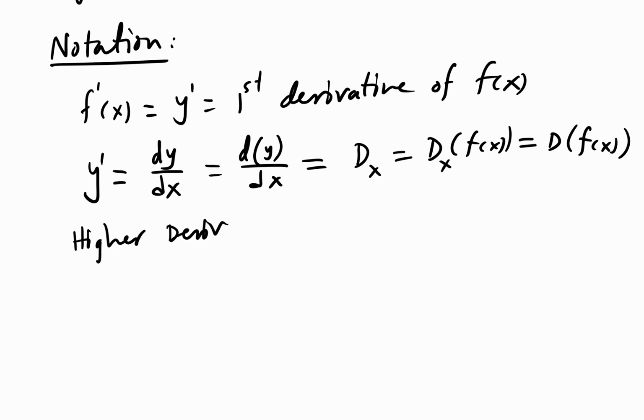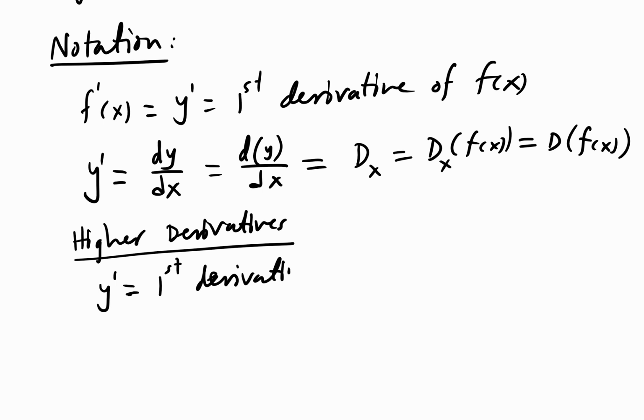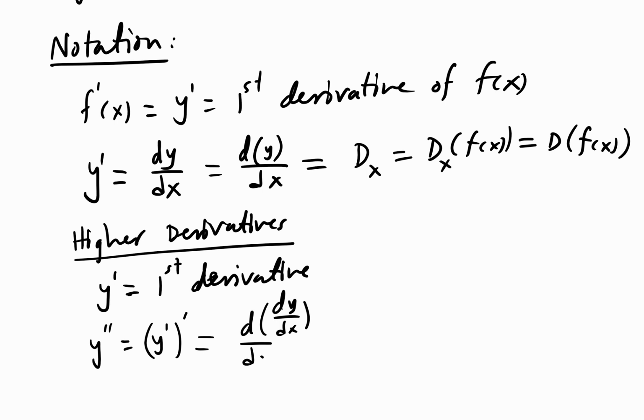For higher derivatives, y prime is the first derivative. If we find the derivative of the derivative, that's called the second derivative. Y double prime is the derivative of the derivative. The way we write that, you're finding the derivative of the first derivative with respect to x, which can be written as d square y dx square.